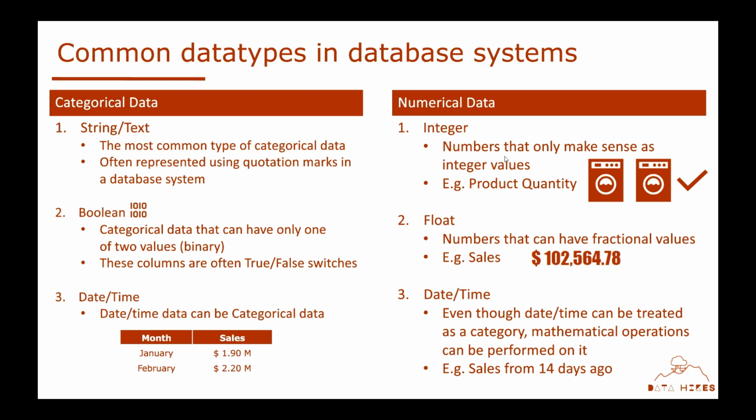So numbers that have obvious quantities that can't really be partial or fractional would be integers. Floats, on the other hand, are numbers that can have fractional values, like sales. Sales for a week at the store are $102,564.78, which makes sense. Sales can be in the fraction.